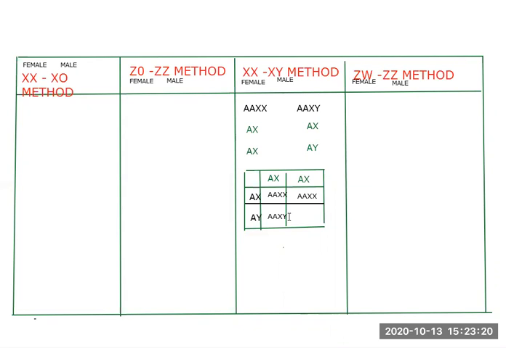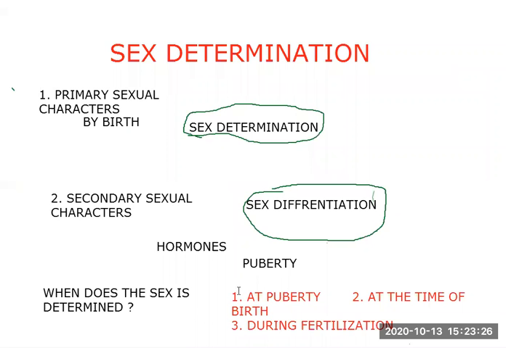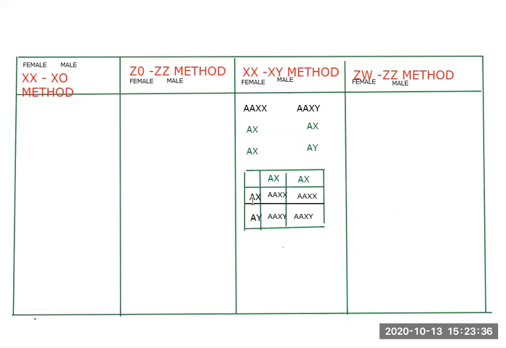So get back to our question. When is the sex determined: at the age of puberty, at the time of birth, or during fertilization? During fertilization itself. You see here, this is sperm, this is ovum.